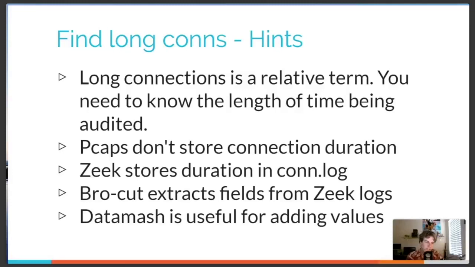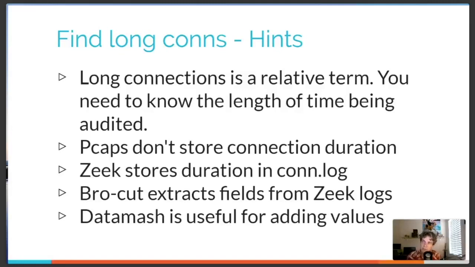So one of the first things I like to do is get a sanity check on how long the capture file ran in order to generate that traffic. Once I know that, I know what my maximum is. If it's a 12-hour packet capture, anything that's been running for 12 hours is interesting. If it's a 24-hour packet capture, anything running for 24 hours is interesting.